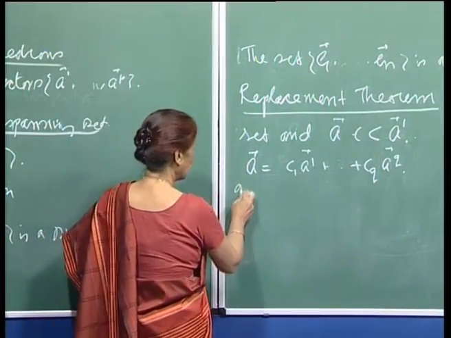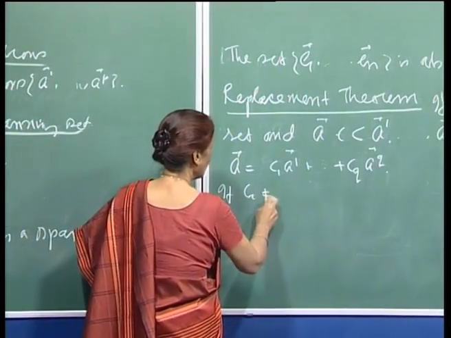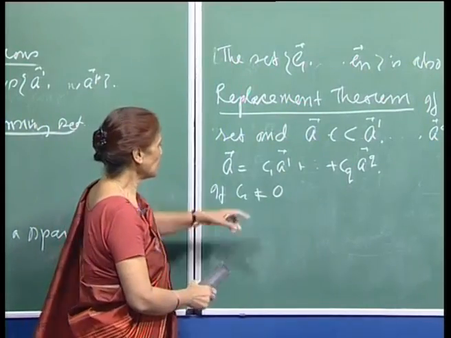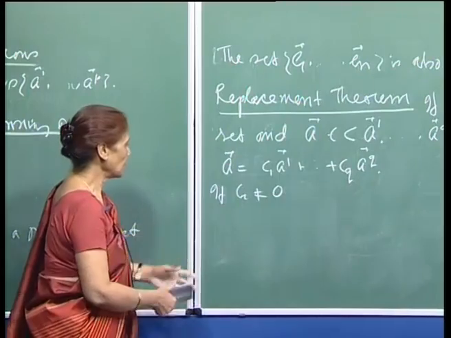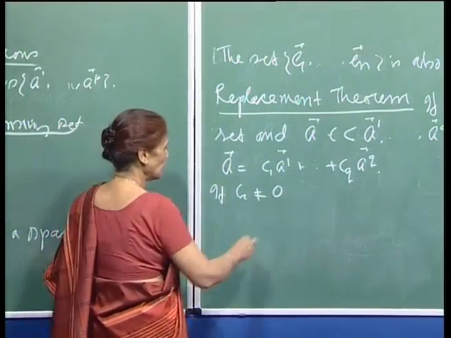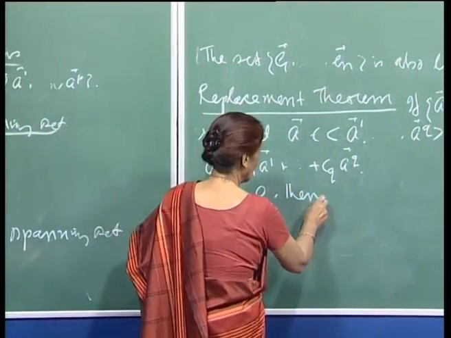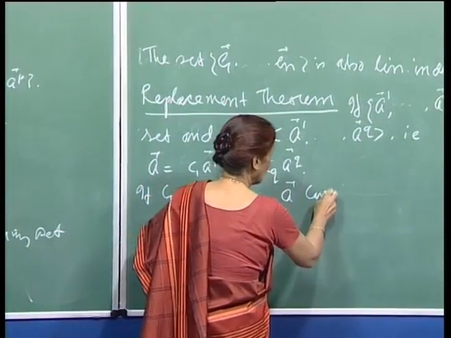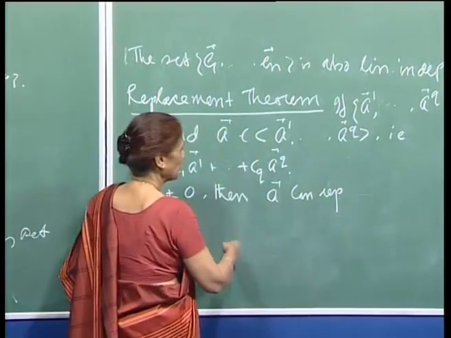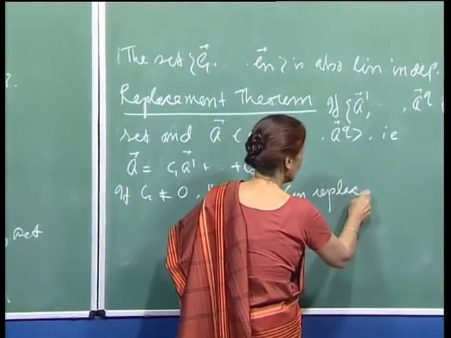Now, if CR is not 0, see, it is not necessary that all the CIs are non-zero; some will be negative, positive, zeros. So, if CR is not 0, then A can replace AR, and that is why it is called the replacement theorem.